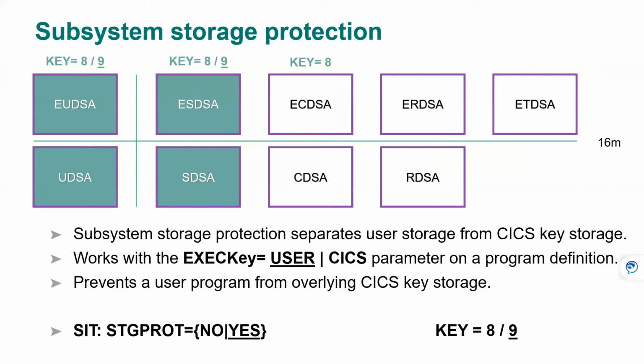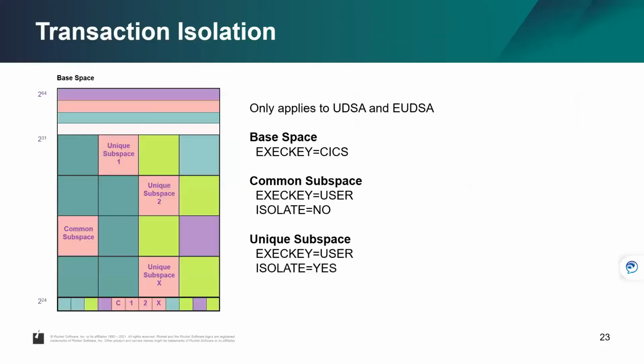System programs will still run in key 8, and effectively they could still write to the shared or the user DSA. The difference is if you make storage protection yes, and the execution key of your application program is user, you will not be able to write to the CICS or the extended CICS DSA. Now, you could always link to a program that's defined with EXECKEY(CICS) if you needed that ability, but nonetheless, it'll provide you with some protection.